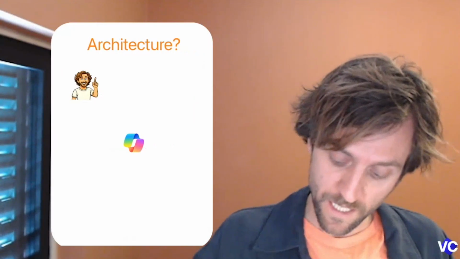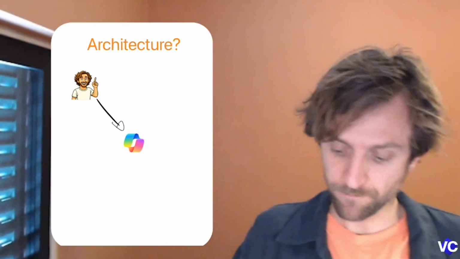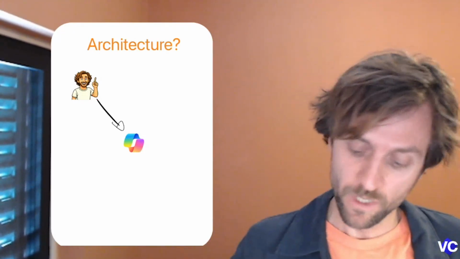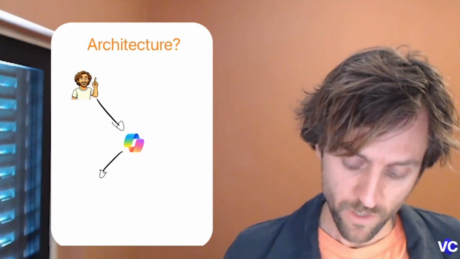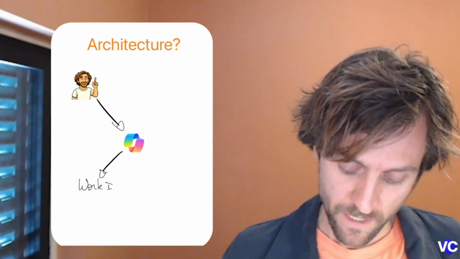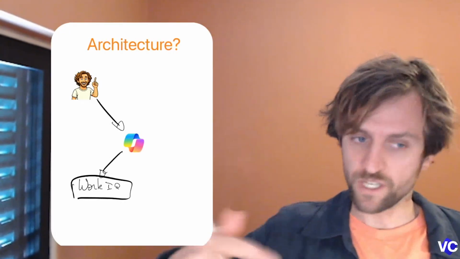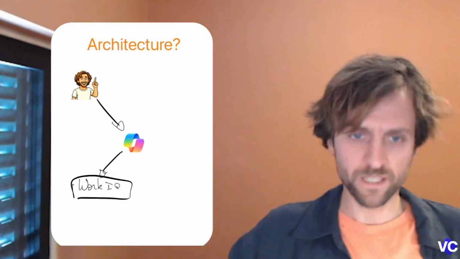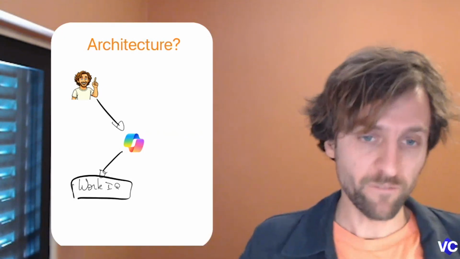Why? Because of the architectural point of view. If you have Copilot here in the middle, I'm the prompter, right? So I ask something, a specific prompt that I want to do. Firstly, Copilot goes to the Work IQ. What's that? That's all your data, all your files, all your chats, all your emails, all your meetings, all your OneDrive files, SharePoint files, everything you have access to.